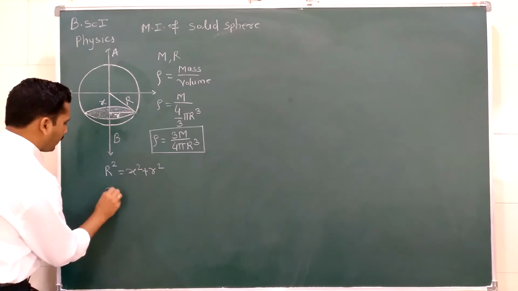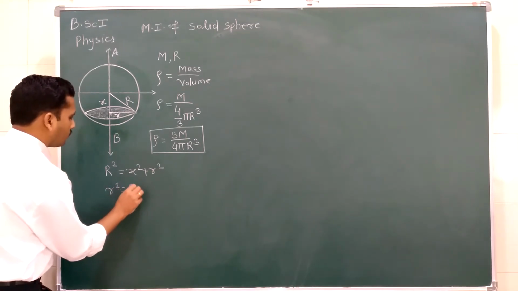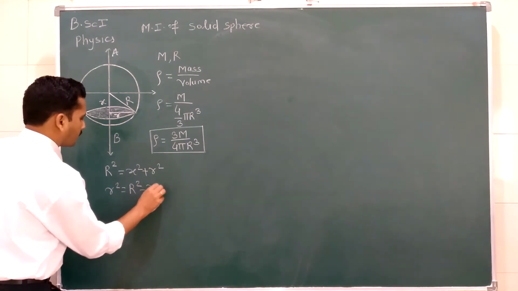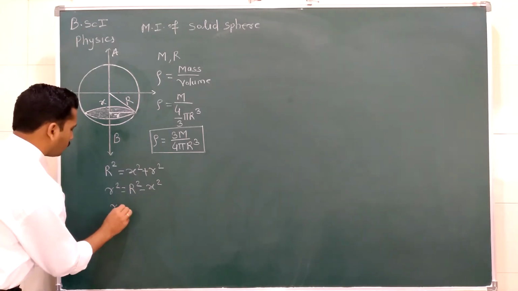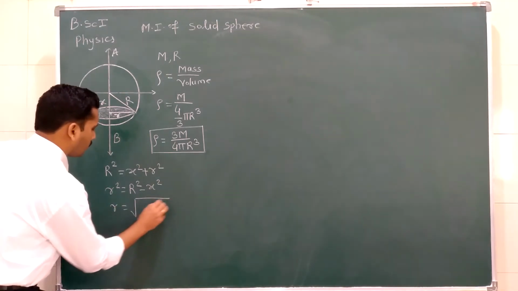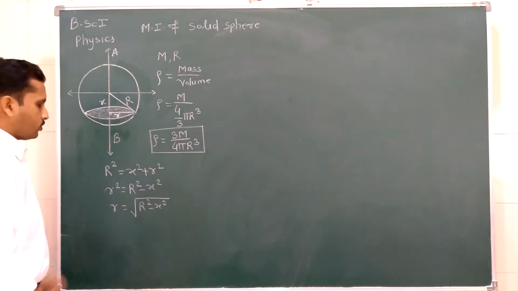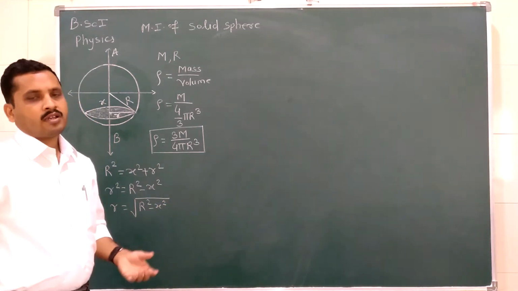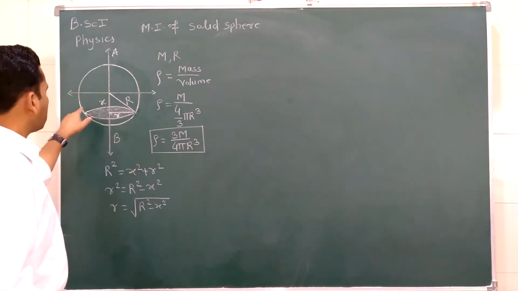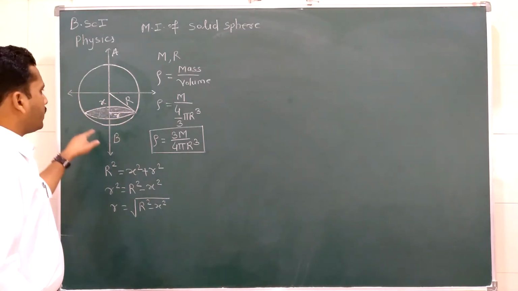Or we can simply write r square is equal to R square minus x square. Or r is equal to the square root of R square minus x square. This is nothing but the radius of this small disc.